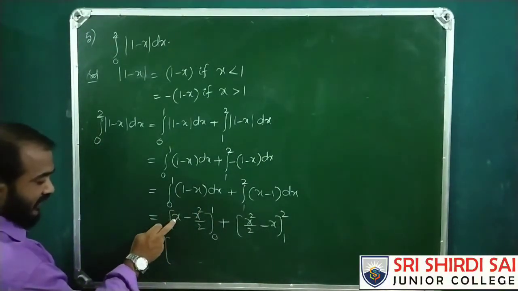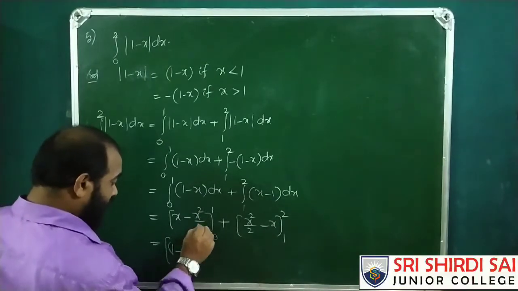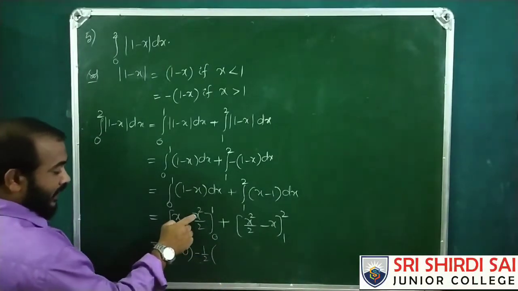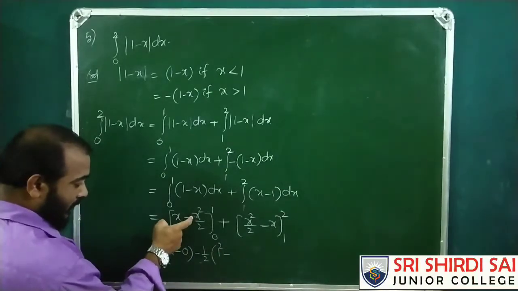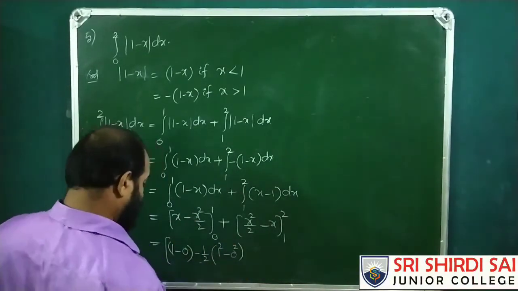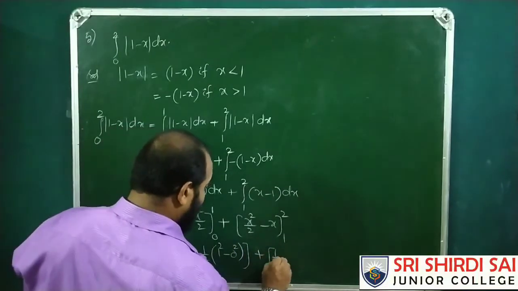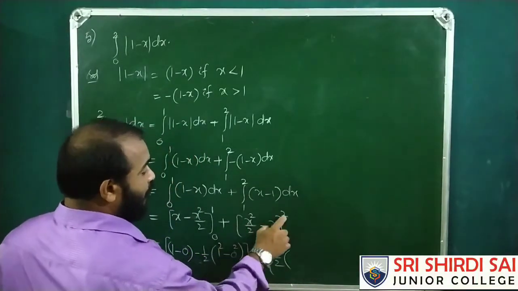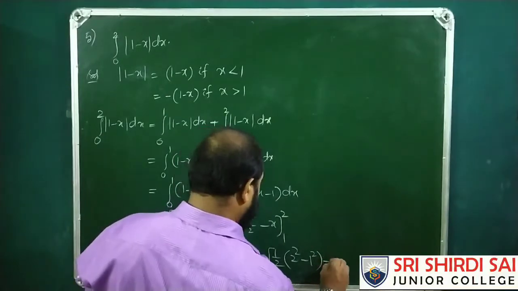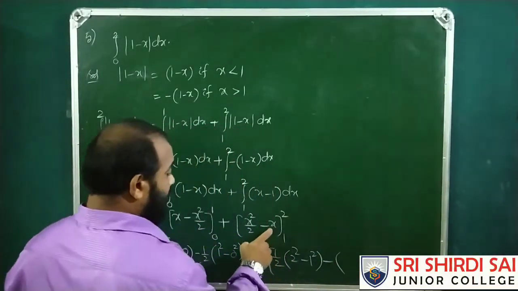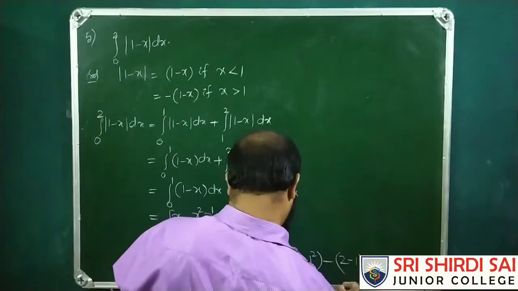In the place of x, upper limit 1 minus lower limit 0, minus 1 by 2 aside, 1 square minus 0 square, plus 1 by 2 aside, 2 square minus 1 square, minus of upper limit 2 minus lower limit 1.